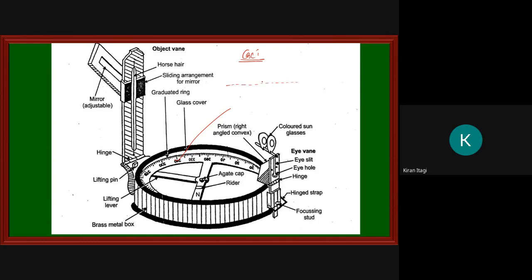This is the perfect horizontal line. When you place your compass, it will be a little bit slanted, not perfectly horizontal.